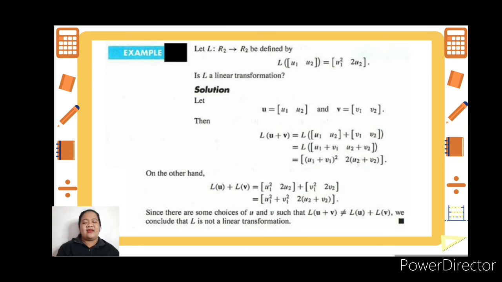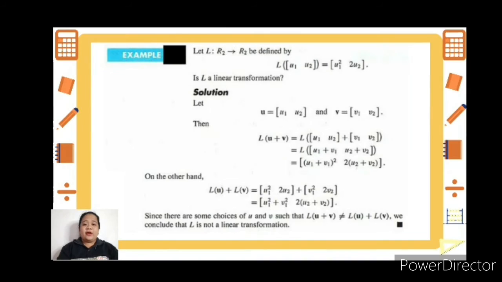So that example is not a linear transformation. Okay, so any of those properties, either the matrix addition or the scalar multiplication, can be a tool in identifying a linear transformation.